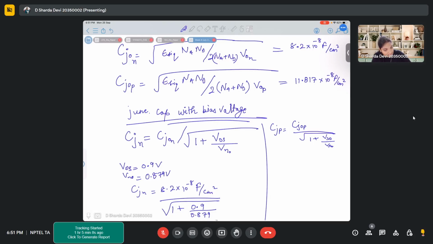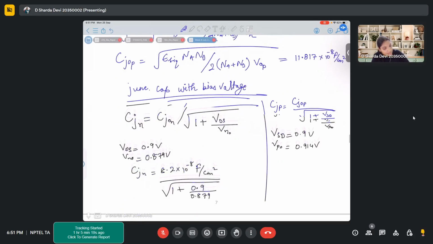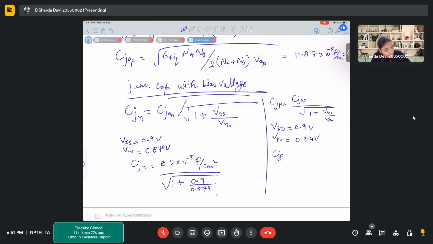Here VSD is again 0.9 volts, VP naught is 0.914 volts. So CJP will be 11.817 into 10 to the power minus 8 farad per centimeter square upon root over 1 plus 0.9 by 0.914.